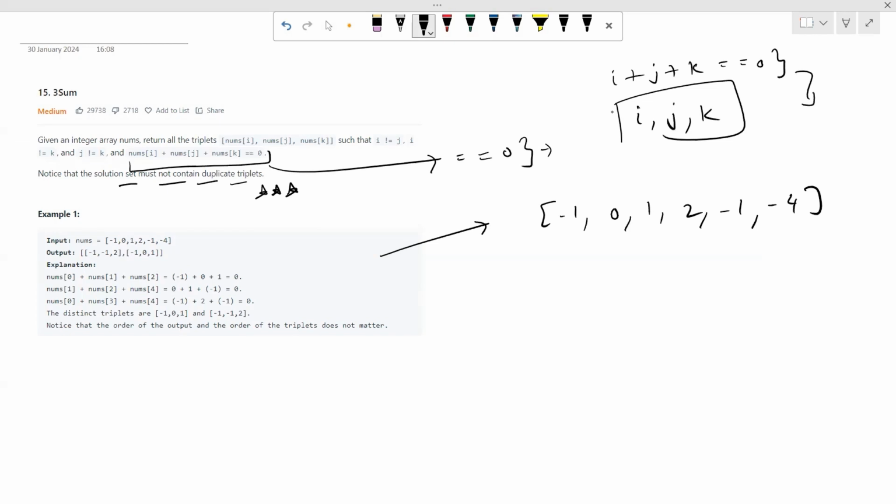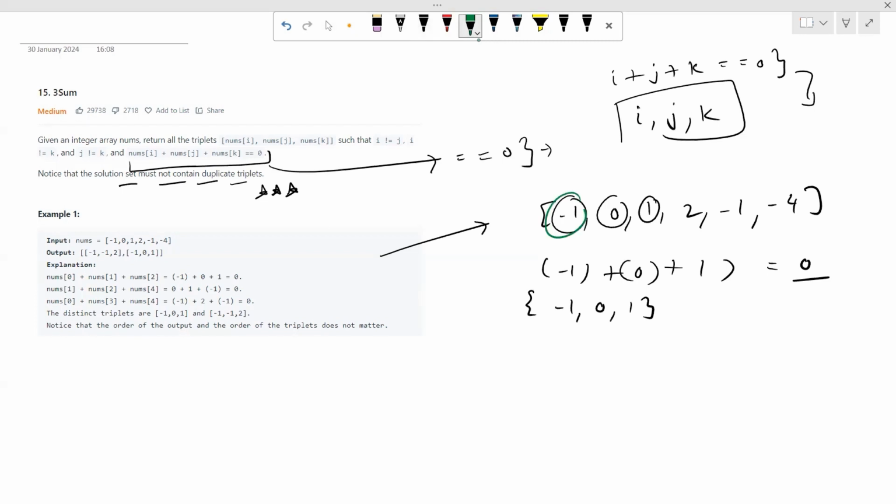So from this, we can consider -1 plus 0 plus 1. So this can be the first triplet, which is -1, 0, 1. And the second triplet can be -1, 1, and 2. So this will be equal to 0.